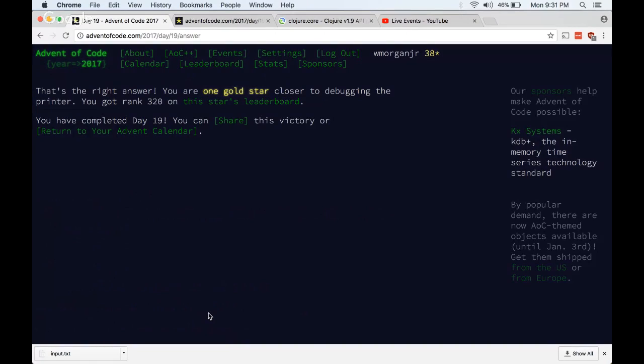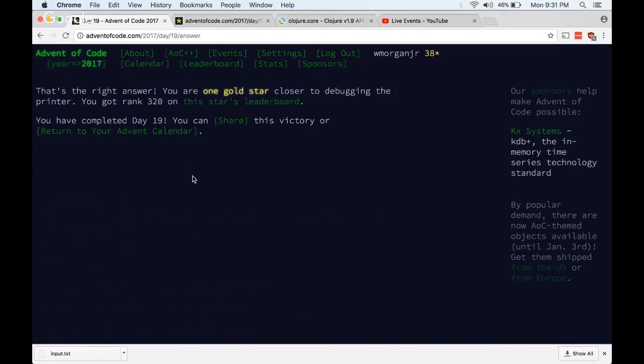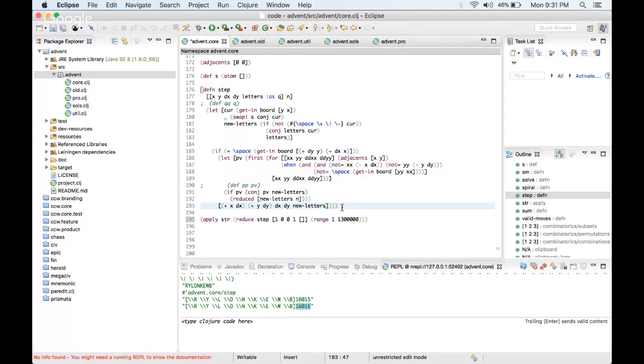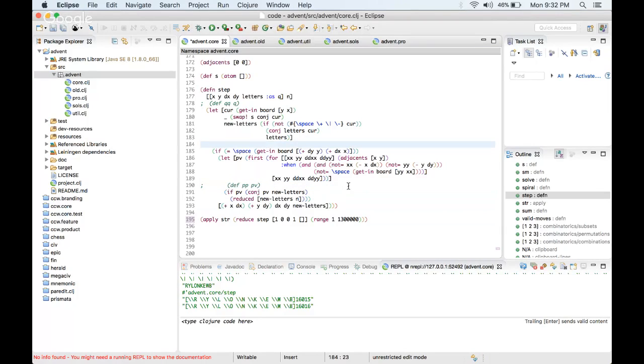Yeah, pretty frustrating in a couple of ways. So basically, I had the right answer with my first implementation. The only reason this wasn't correct is that it ended on a letter and I wasn't handling that case.